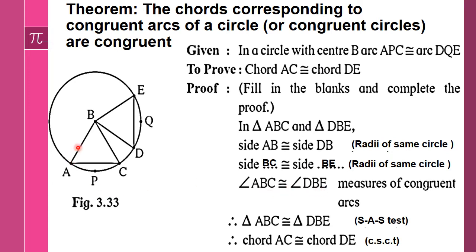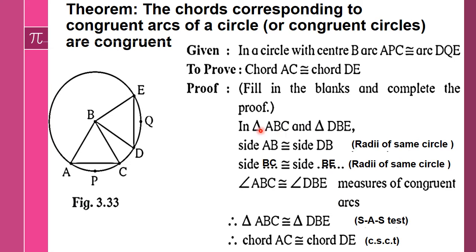Angle ABC is congruent to angle DBE because it's given that arc APC is congruent to arc DQE. Now, the measure of the arc is the same as the measure of the corresponding central angle. Angle ABC is the central angle of arc APC, and angle DBE is the central angle of arc DQE. That means angle ABC is equal to angle DBE, since they are measures of congruent arcs.